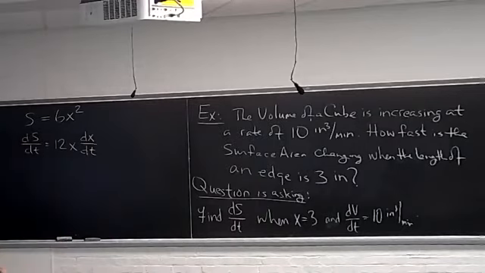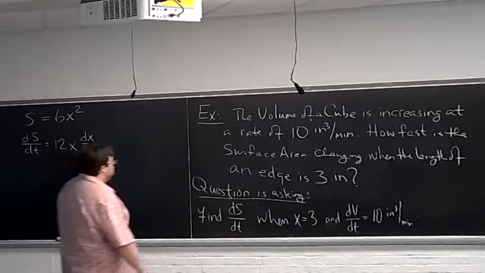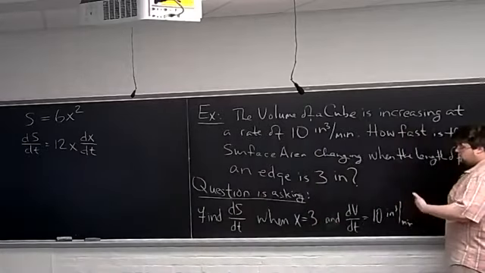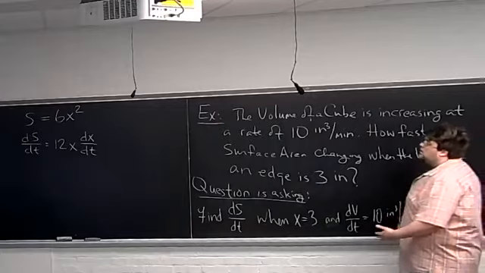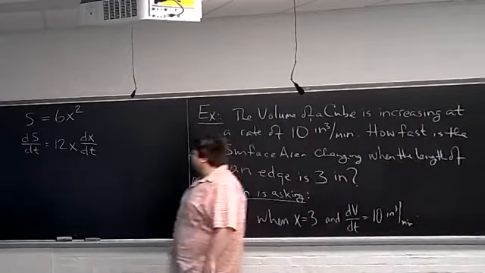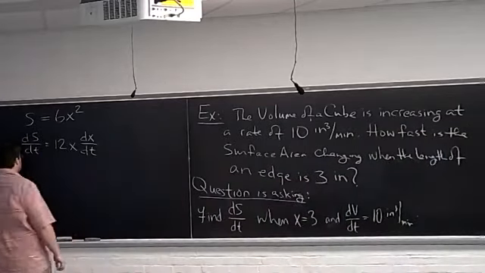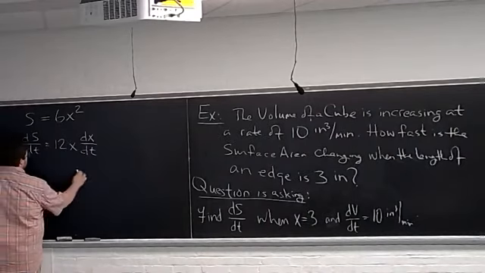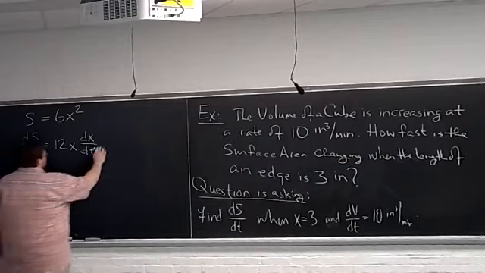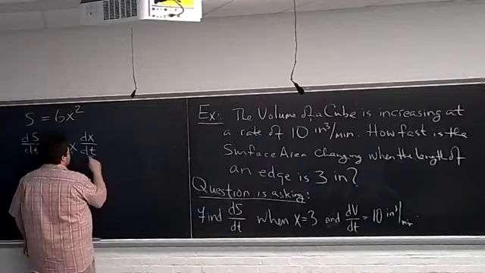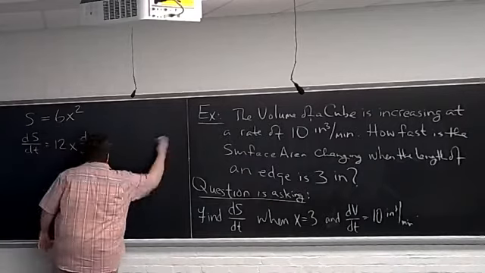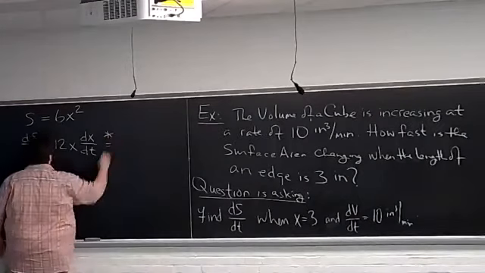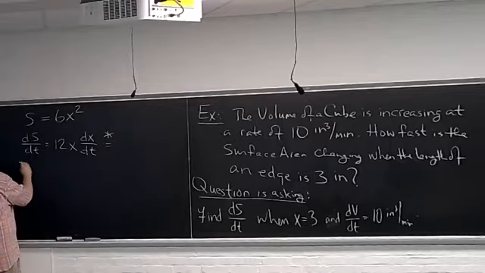How can we do that? Well, this tells us something about volume, so you might suspect using the volume will help us find it, and it will. Where do I want to write it? Let's see. So for this one, I'm going to continue writing this here. It'll fit there. But to find dx/dt, I'll put a star there.